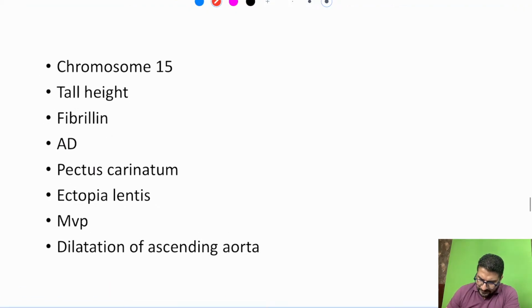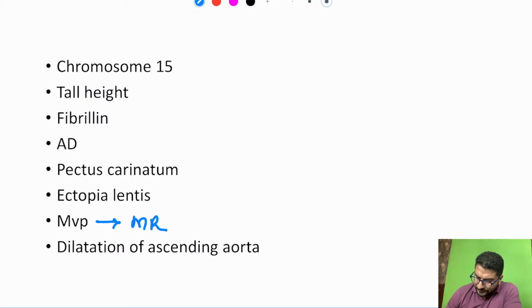Then chromosome 15 tall height, fibrillin mutation, autosomal dominant in nature. Pectus carinatum means pigeon जैसा chest होगा, you will see like a deformity in that chest. Ectopia lentis means lens will be having dislocation. Mitral valve prolapse, it can cause mitral regurgitation.